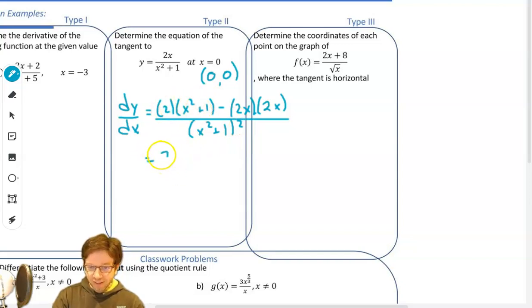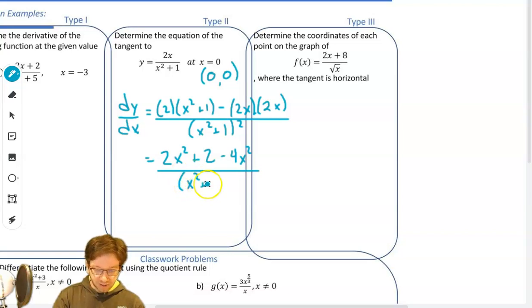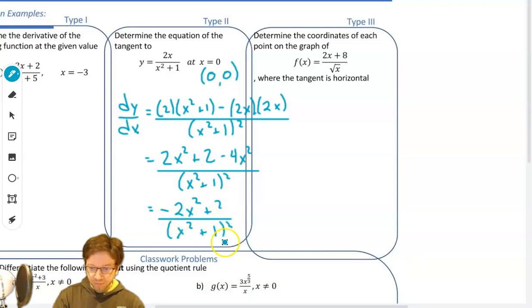Alright, so we can clean it up a bit. So we get 2x squared plus 2, and this is minus 4x squared all over that denominator squared. Alright, so 2x squared minus 4x squared, so we're just left with a negative 2x squared plus 2 all over x squared plus 1 squared.